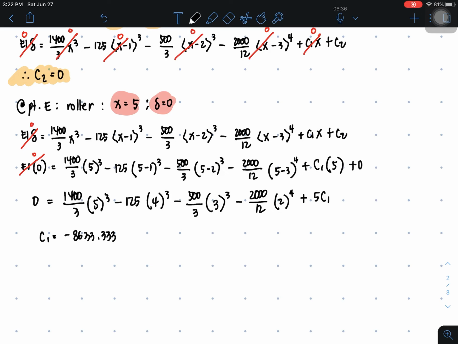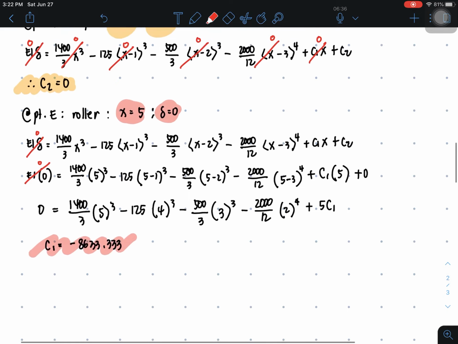So C1 is negative 8633.333. So this is our answer for C1.